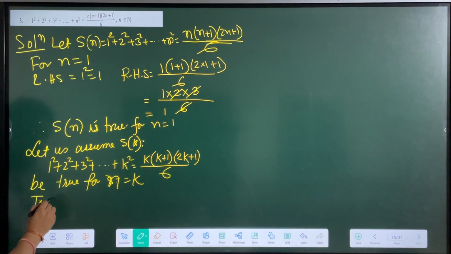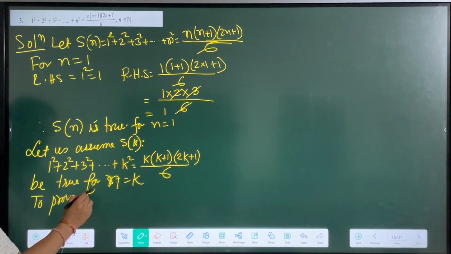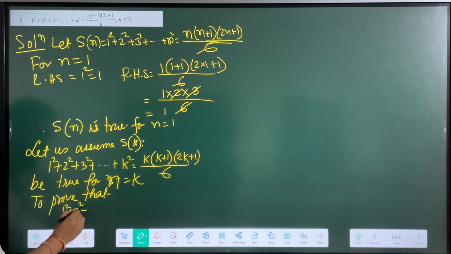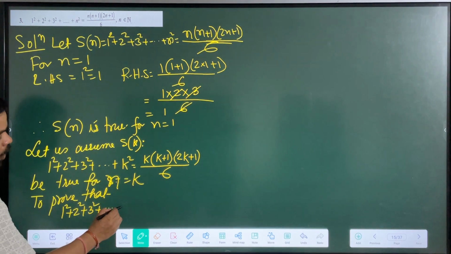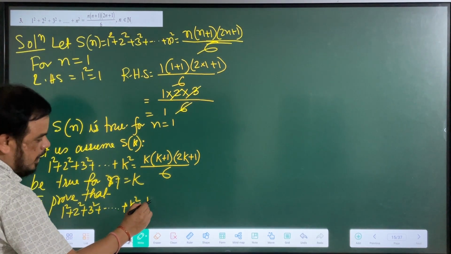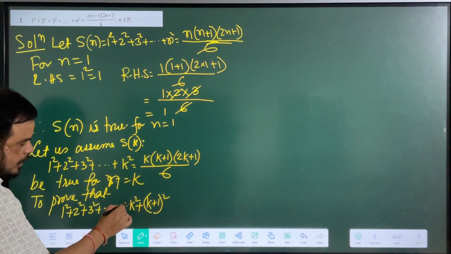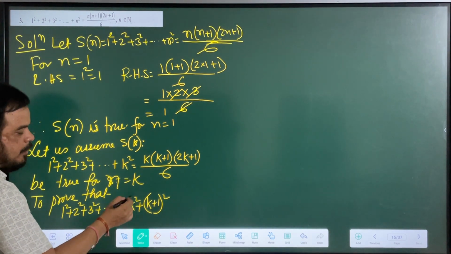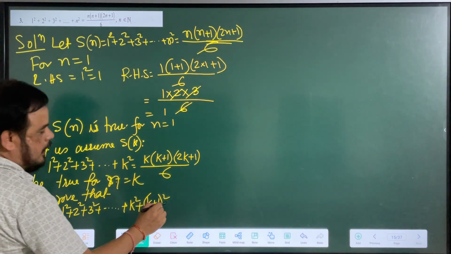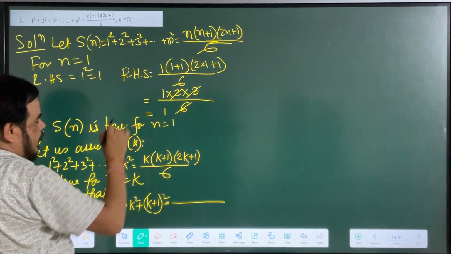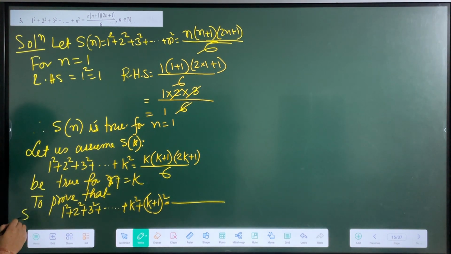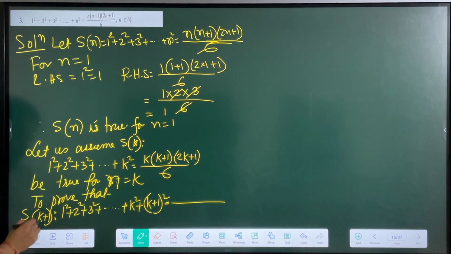Now to prove that 1 square plus 2 square plus 3 square plus dot dot dot plus k square, next time will be k plus 1 whole square, just like 5 square, next will be 5 plus 1 whole square, or 5 square, next will be 6 square. I hope you understand. Prove that S(k+1), I have not written, S(k+1): k plus 1 in place of n.